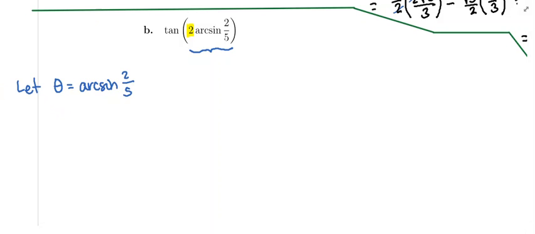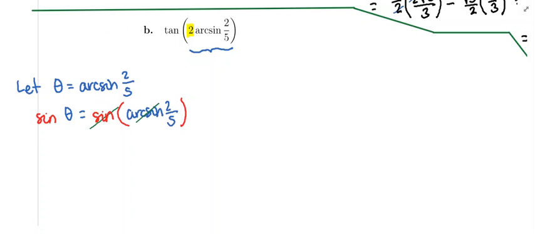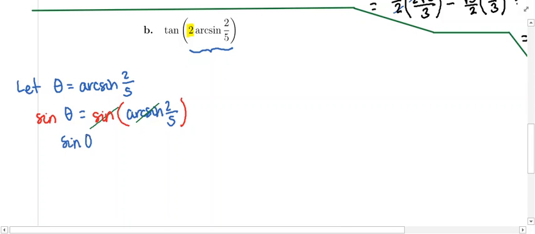So what does this mean? If we take the sine of both sides, the sine and the arcsine will cancel. Let me write this out for you. We're going to get that the sine of theta has to be 2/5.